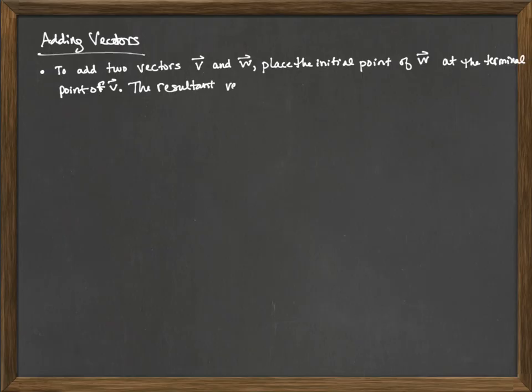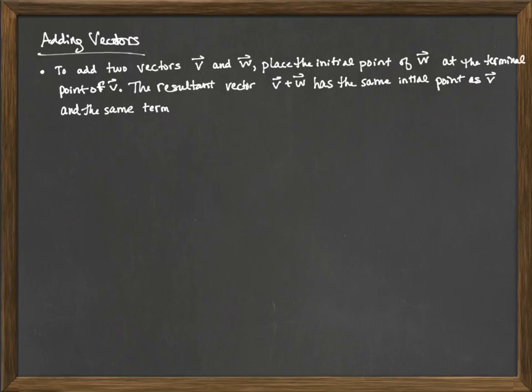So the resultant vector, which is v plus w, has the same initial point as v and the same terminal point as w. And this just begs for a picture, does it not?